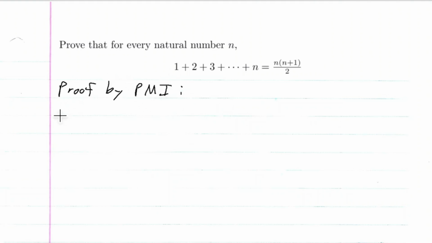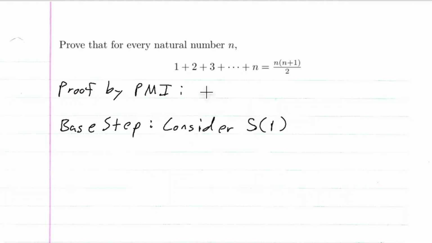So the first part of the principle of mathematical induction is the base step. This just sort of convinces us that the statement is true, at least for the first few terms of the sequence, right? So we're going to consider the statement revolving around 1. Okay, so that's basically saying the sum of the first term is equal to this formula if you were to plug in 1.